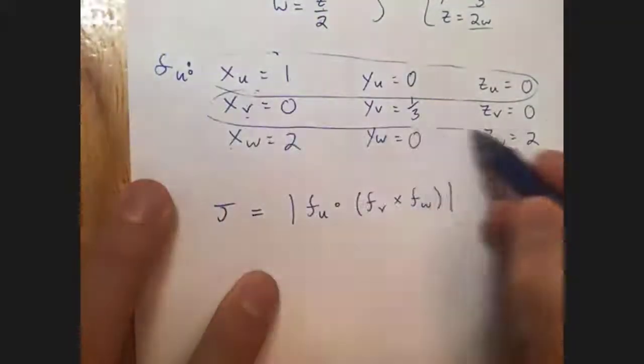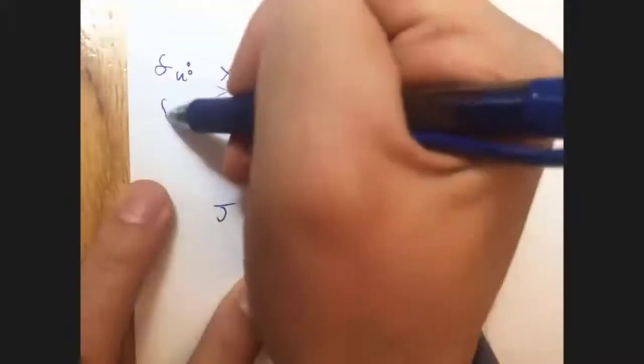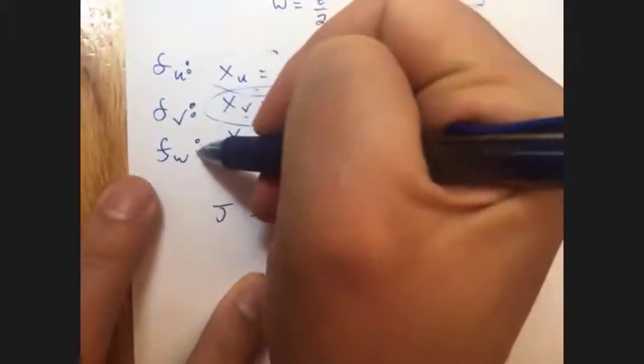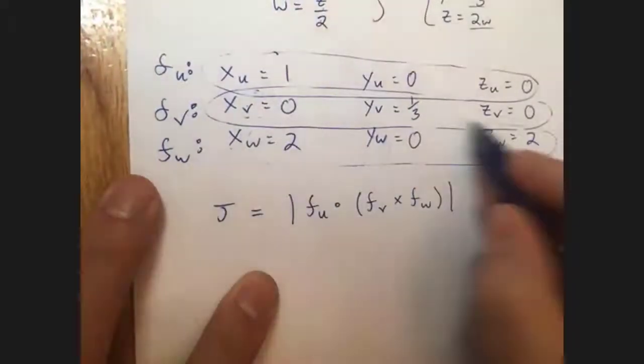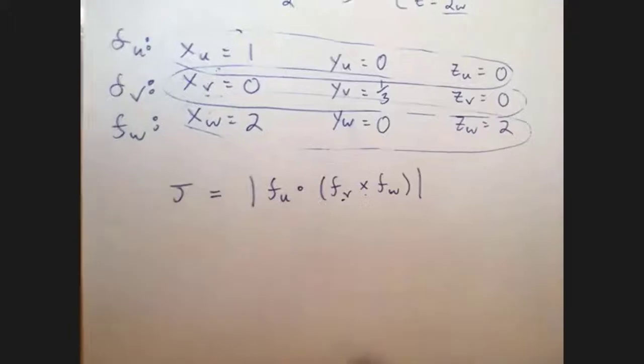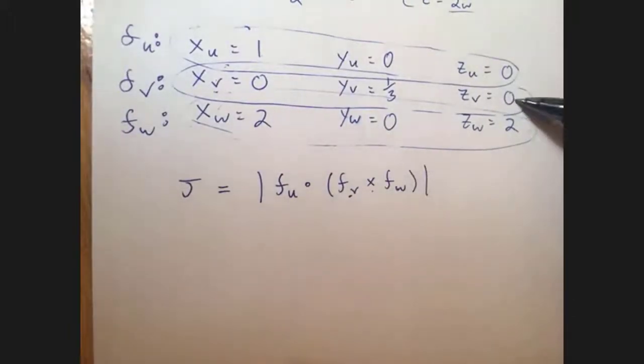Fv is the vector of the xyz's with respect to v. And Fw is the derivatives with respect to w. Okay, so Fv cross Fw, oop, my screen seemed to freeze. Okay, it's back. I'm just crossing these two vectors.